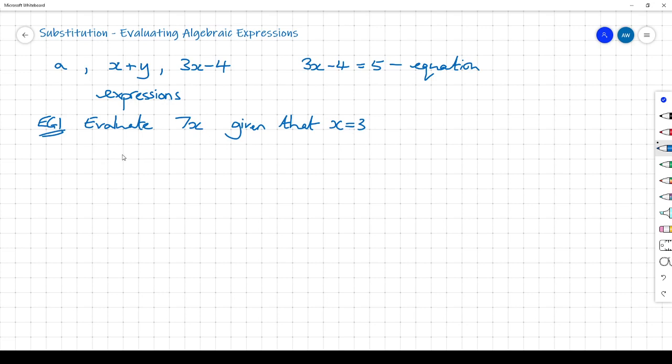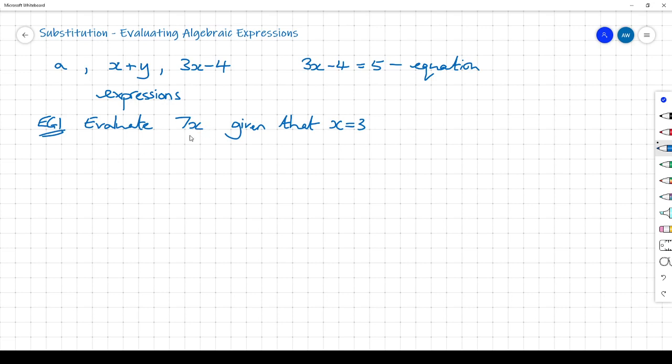Now you've got to remember the rules of algebra. You've got to remember what 7x means. If you forget what 7x means, then you've got no chance of evaluating this unless you have a guess, and you might be lucky. But remember, 7x means 7 times x. Okay, but we're not going to write a times sign because we use x a lot in algebra.